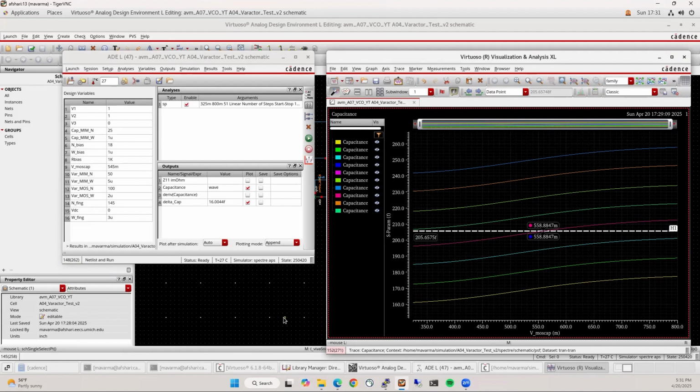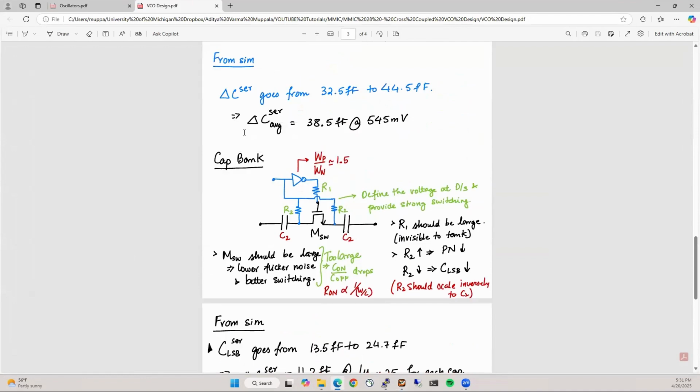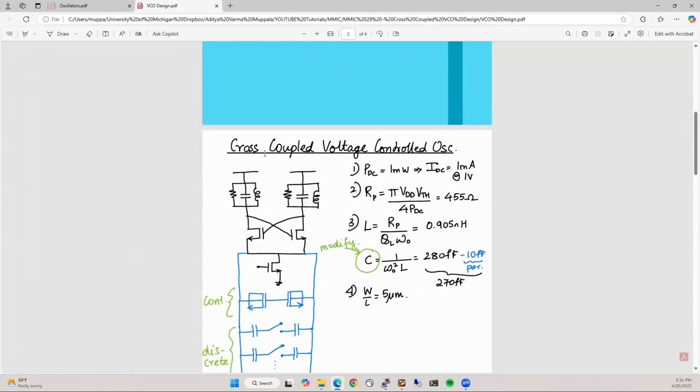But when we did our original calculations, we said that the capacitance that we would be needing, if you go back here, we had only 270, right? That's what this capacitance was. Whereas now by adding this, even when you're in the middle of the band, you already have 400 femto. So that's too high, right?